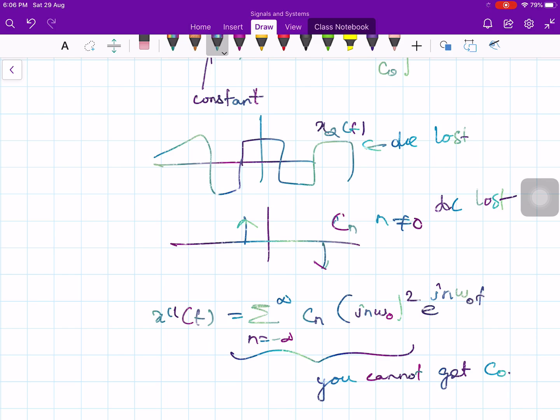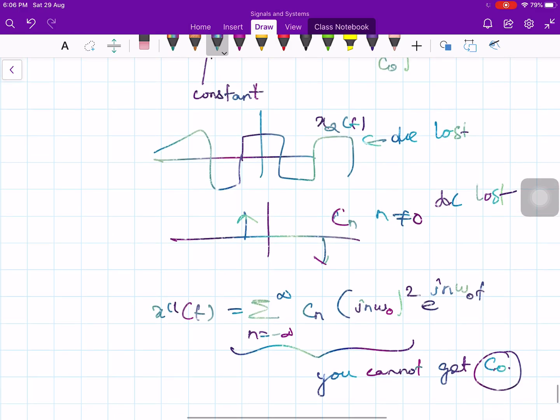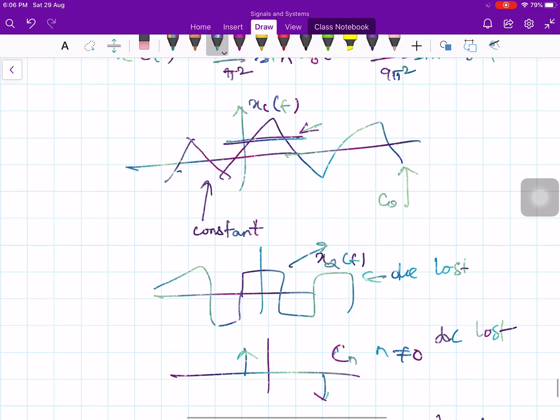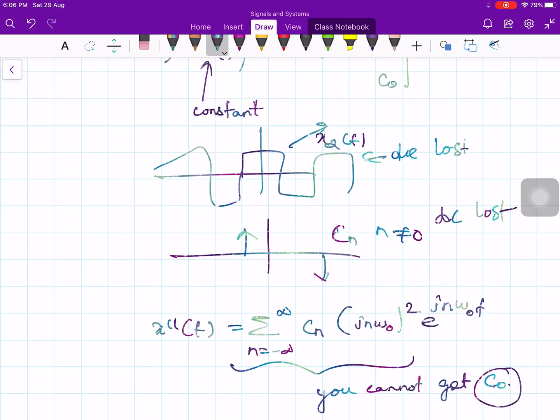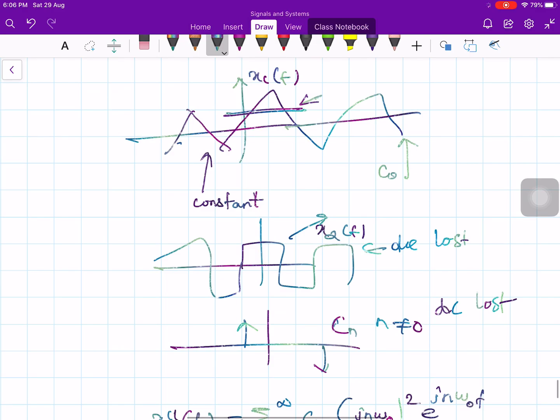Once you take the derivative, the constant term disappears, where C naught is the constant term, the area. If there is a constant term in this expression, then also it is lost, the second waveform. Therefore C naught gets lost and has to be separately evaluated from the original waveform x1 of t.